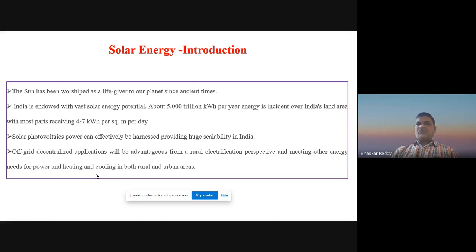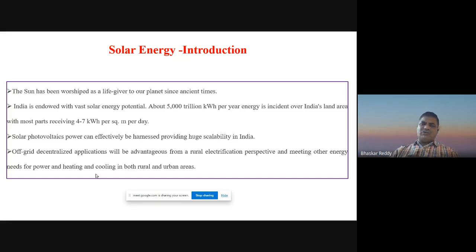I already told you there are different types of sources to generate electrical power. Some sources last for some time and some sources last for a long time. For example, a thermal power plant always uses coal as a raw material to generate electrical power. After 100 years, the coal may not be available.